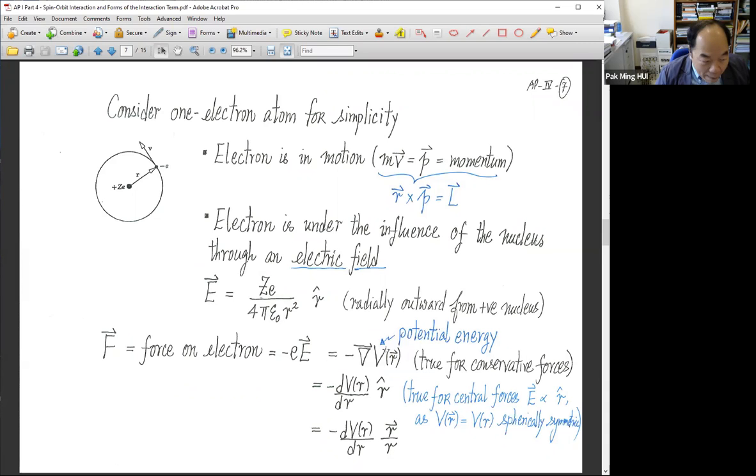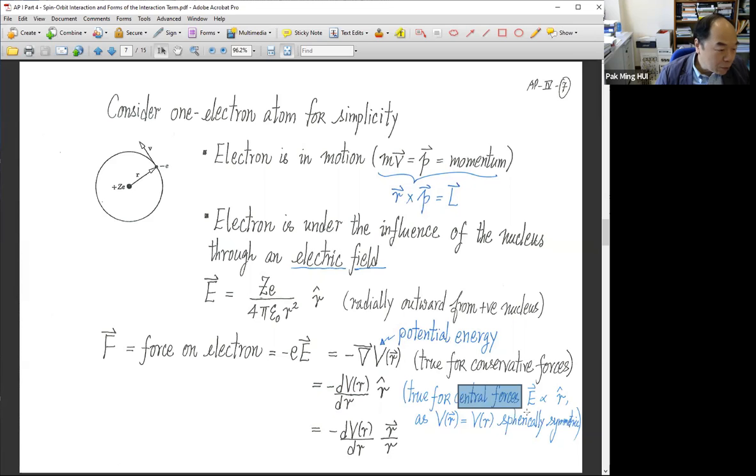And if it so happens that this is a central force, meaning the field goes radially outward or inward, then we have this V not being a function of x, y, z or r, theta, phi, but of r only. And this gradient can be taken easily, and that will be just the derivative of the radial distance, dV(r)/dr. This second line requires a central force.